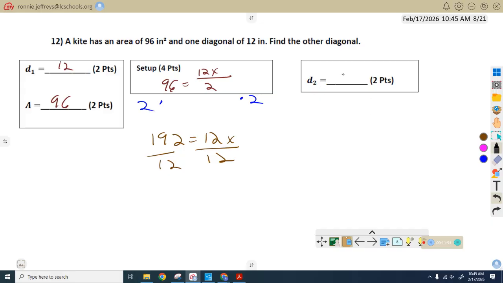All right, so this would be 16 inches. Now, because it's asking for a length and not an area, we do not write squared.